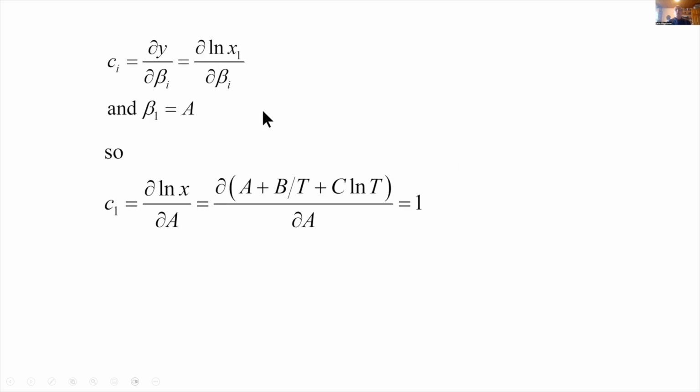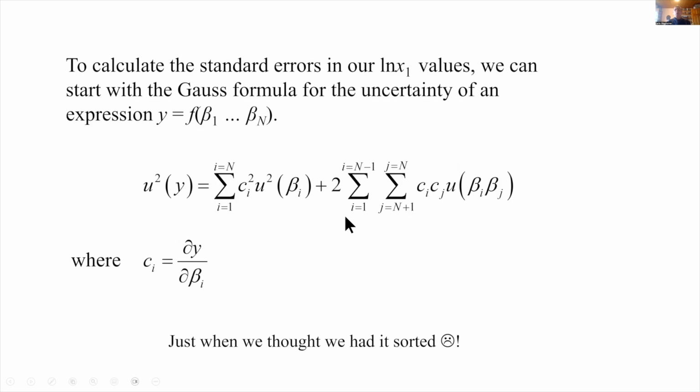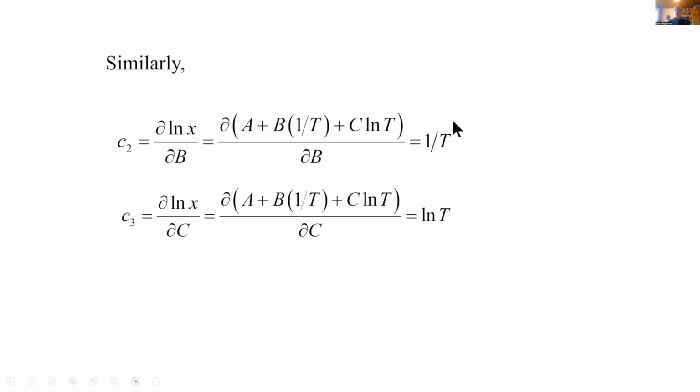I'm not going to waste a lot of time on that, specified up here, but the differential of ln x with respect to a is 1. And the differential with respect to b, which is C2, is 1 upon T, and the differential with respect to c is ln T. So quite quickly we've turned the C's here from mythical symbols into concrete things that we know.